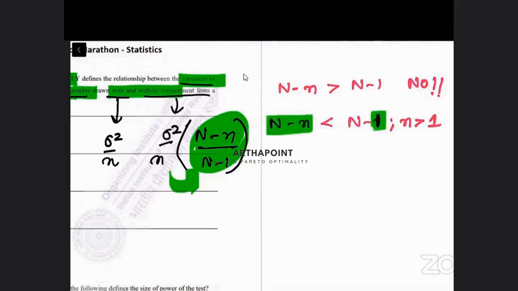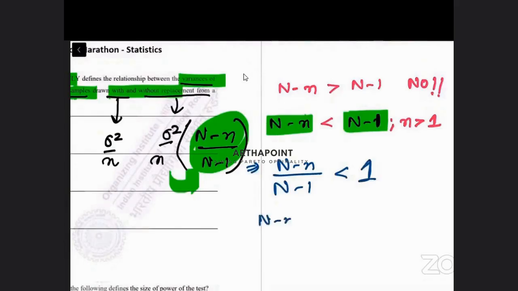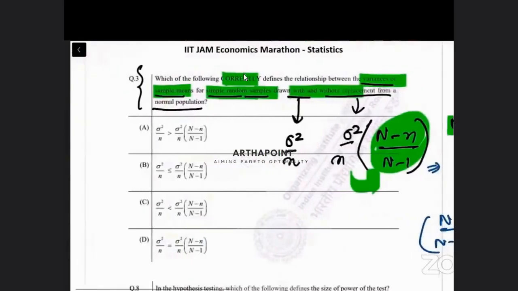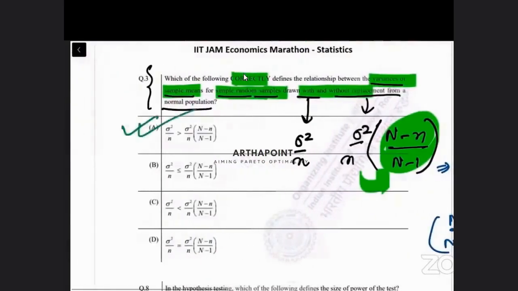So N minus n will always be less than N minus 1. This implies that (N minus n) upon (N minus 1) will be less than 1. So if I multiply sigma square by n on both sides, I will get this relationship, number A. So we can say that the correct statement is A.